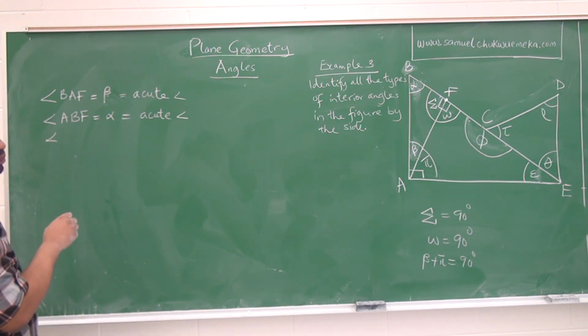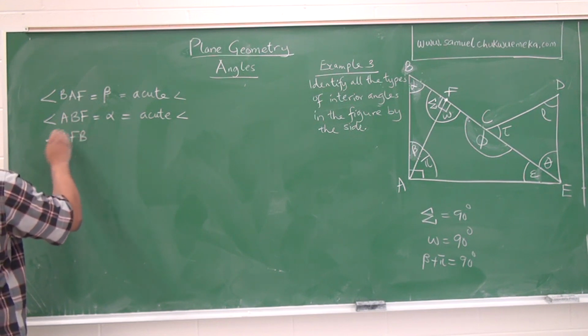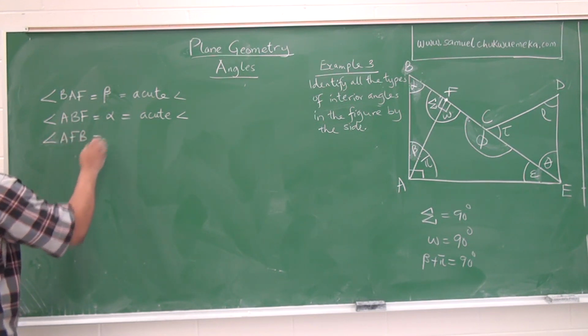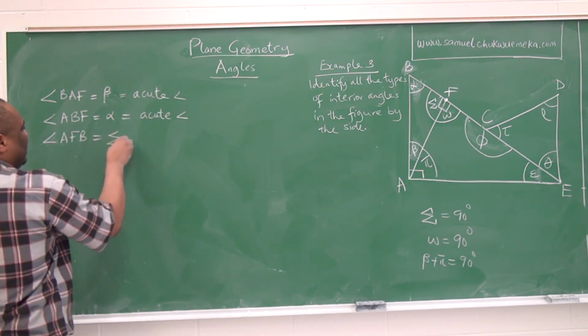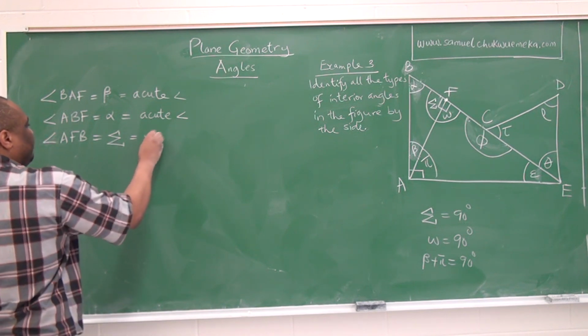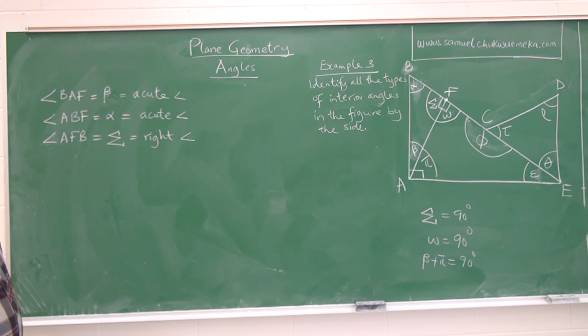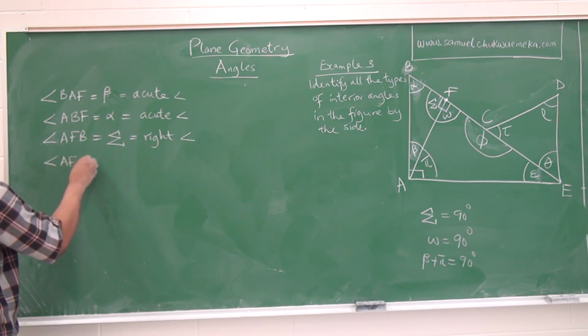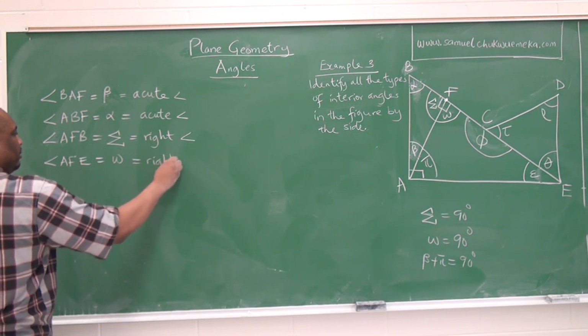Angle AFB, Air Force Base. This is not Air Force, don't mind me. Angle AFB is sigma, and that is a right angle. Angle AFE is omega, and that is a right angle.